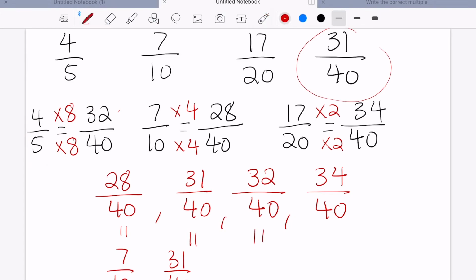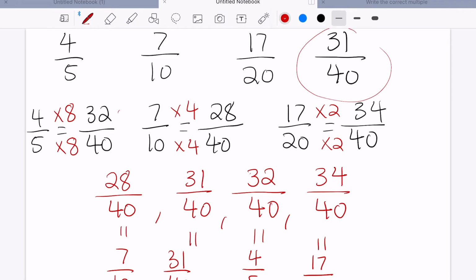So we're going to write 4/5. And the last one, 34 over 40 is 17/20. So we're going to write 7/10, 31 over 40, 4/5, then 17 over 20.